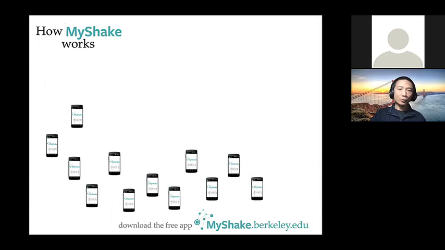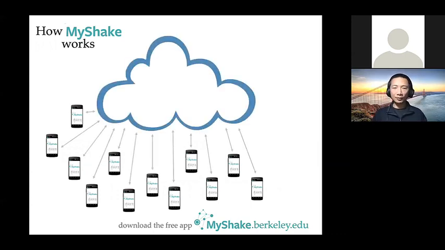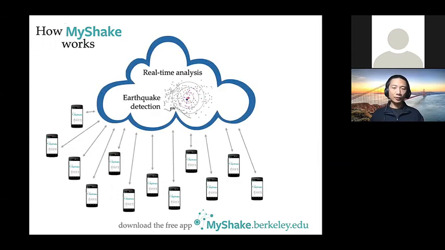So this is a diagram of how we designed MyShake. You download the MyShake app on your phone, and each phone becomes a seismometer running in the background to determine whether you are experiencing an earthquake or some human activities. Whenever a phone detects something like an earthquake, it sends data back to our central server in the cloud.